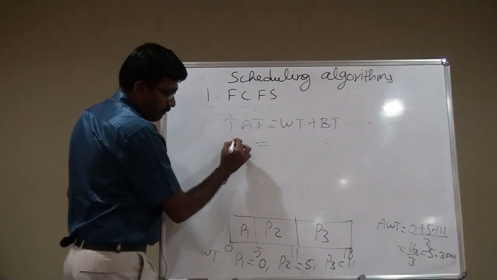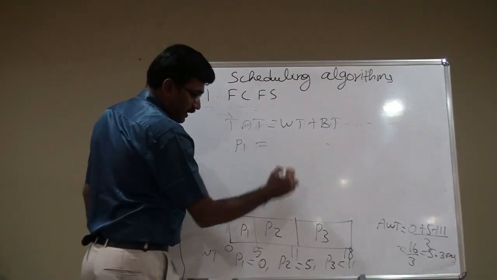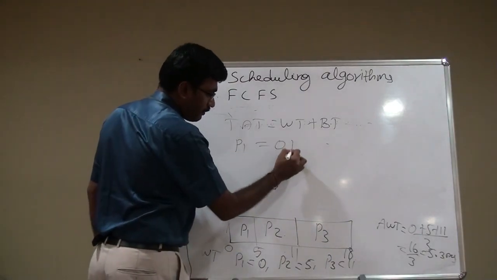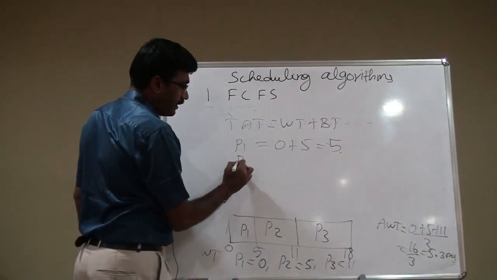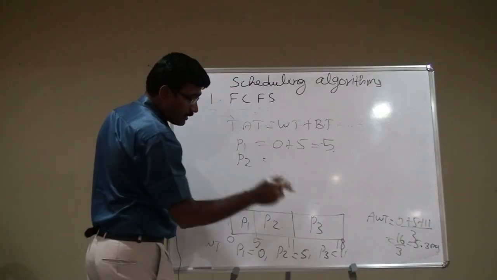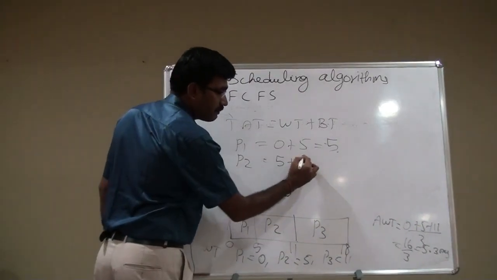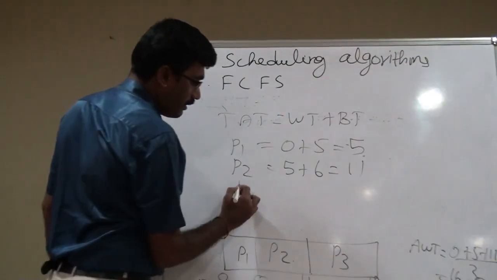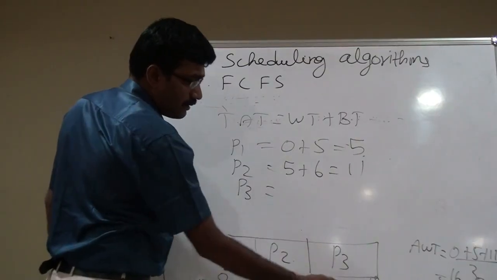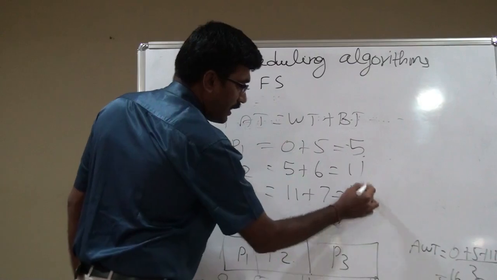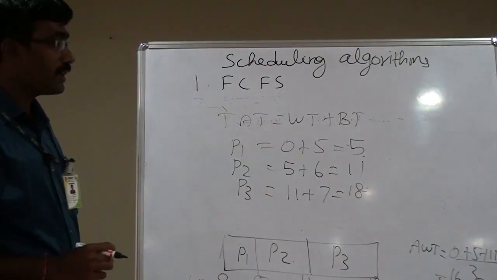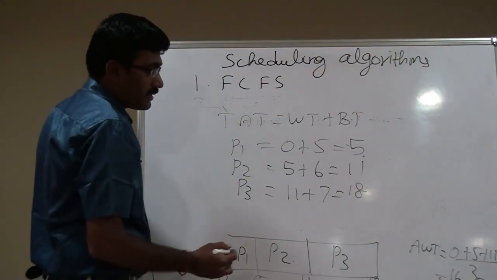So P1 waiting time is 0, burst time is 5, so turnaround time is 5. P2 waiting time is 5, burst time is 6, so 11. P3 waiting time is 11, burst time is 7, so 18.